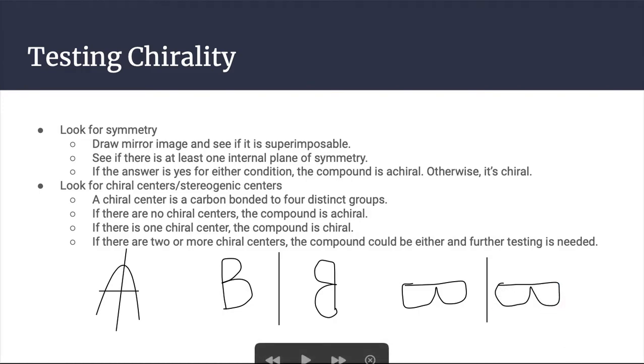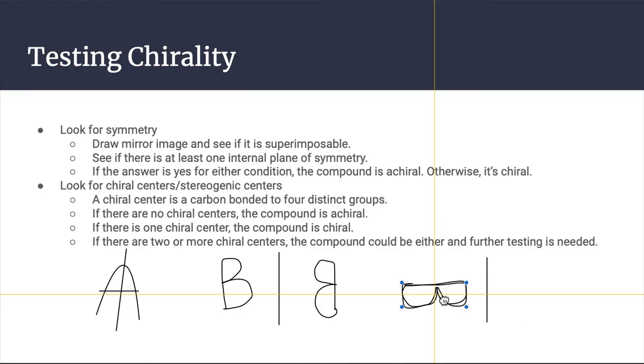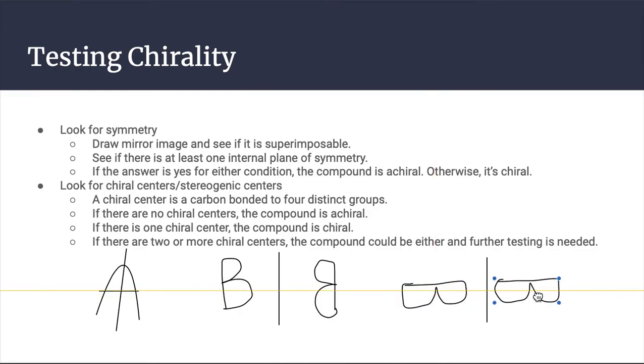So now I could theoretically put them on top of each other and have them be superimposed. I just wanted to make the point that you can make minor changes to a compound if you don't see its symmetry immediately the way it's given. So that's how you would do test 1.